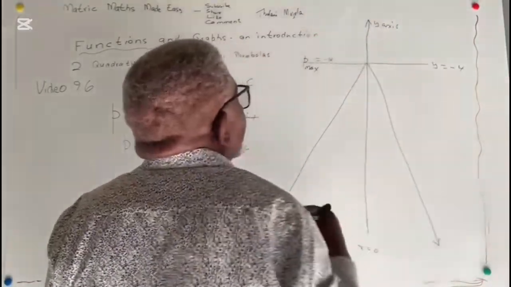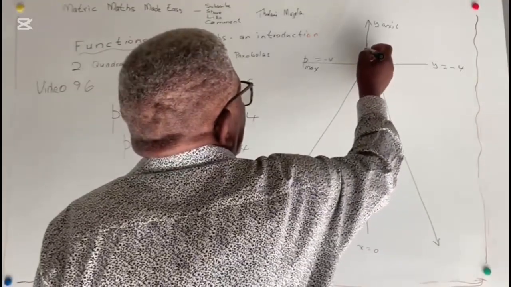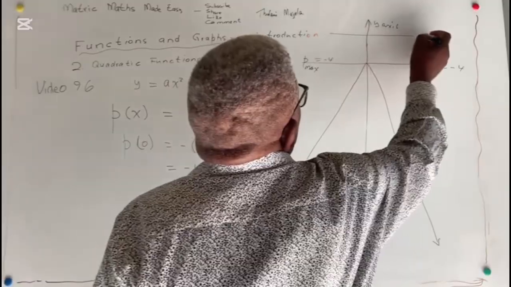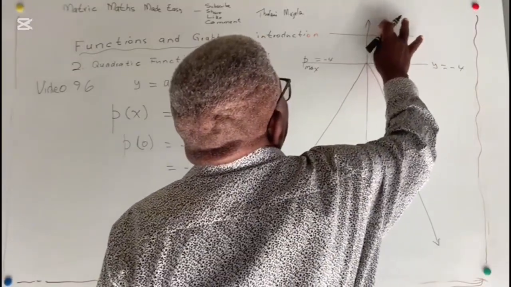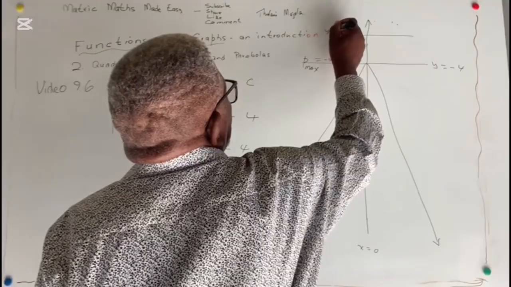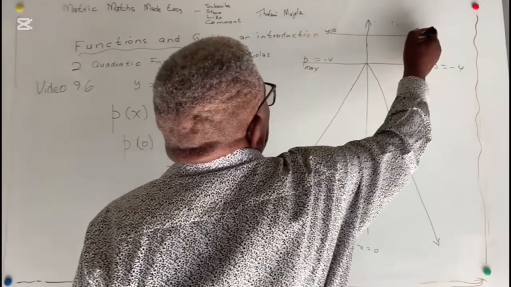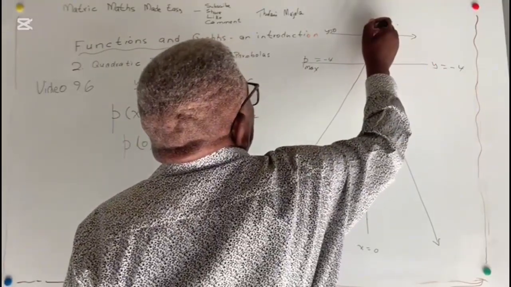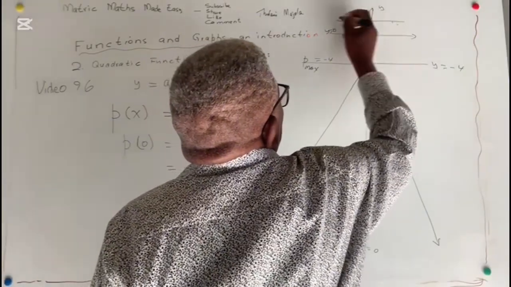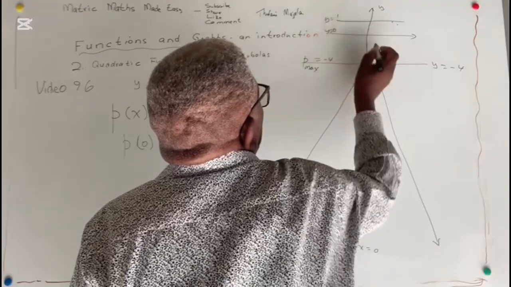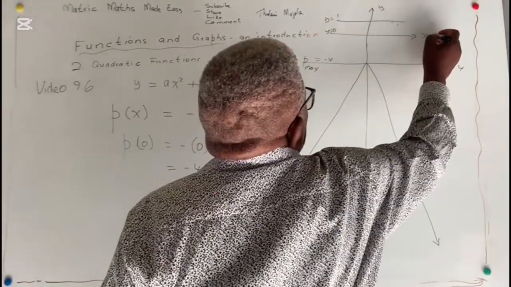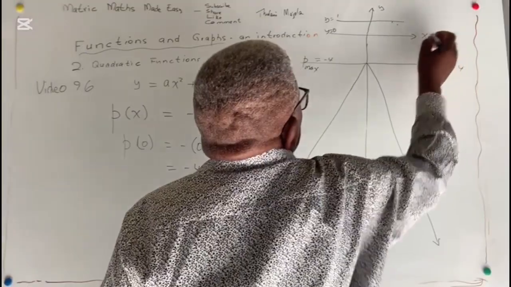So your negative 3, negative 3, and your y equal to 0 is above here. This graph is going up and up, the y-axis. And y equals 1, y equals 0, which is your x-axis.